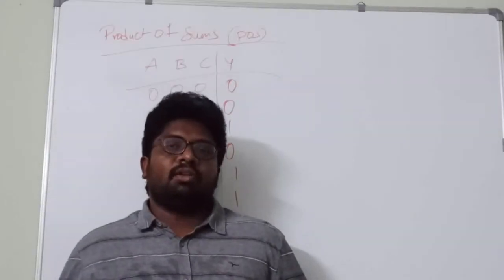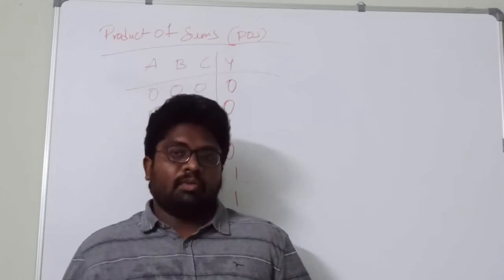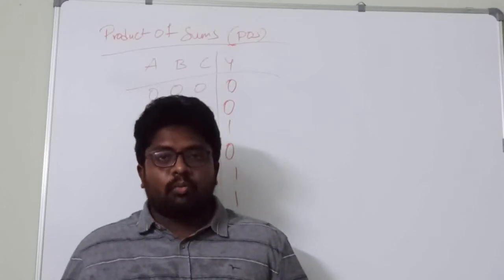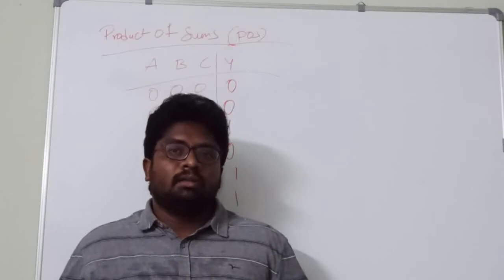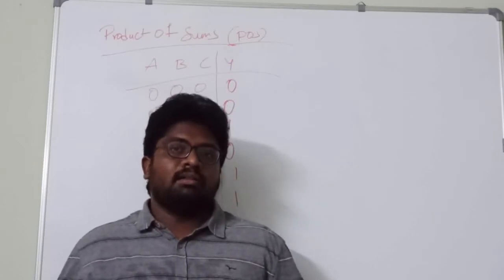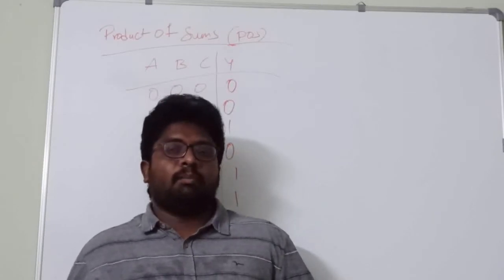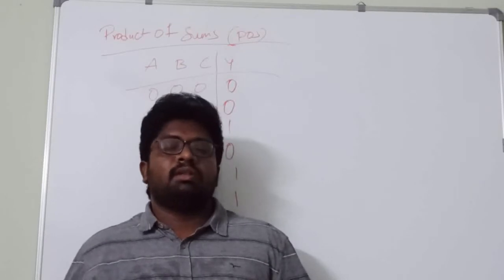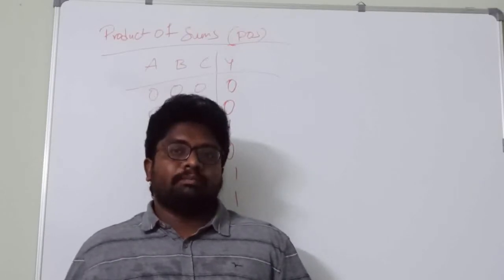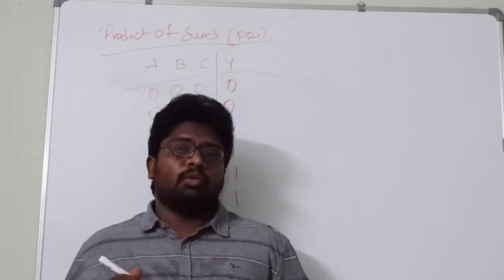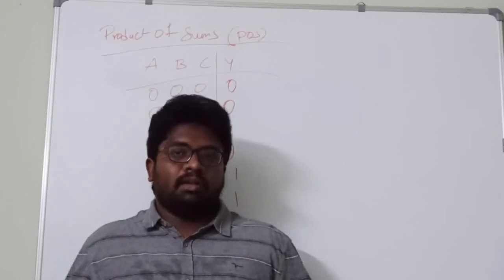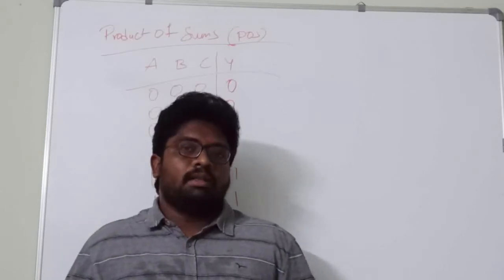At the start of this class, we said that the SOP form is used when the output of the function is higher or 1, and the product of sums form will be used when the output of the expression is lower or 0.